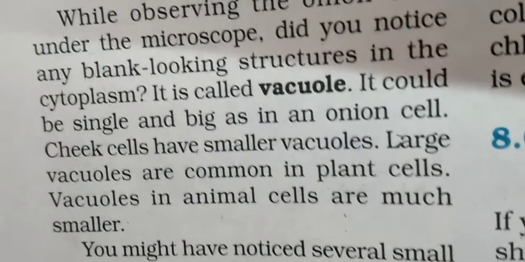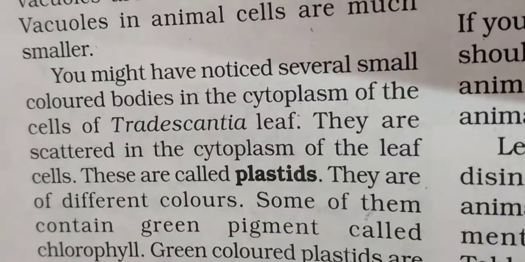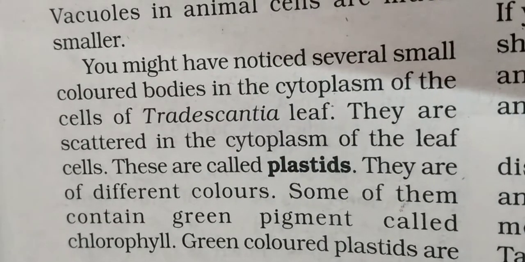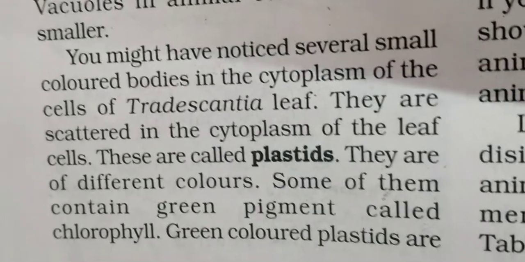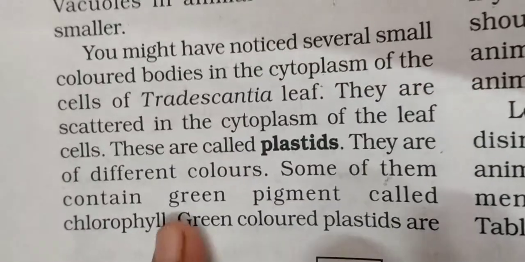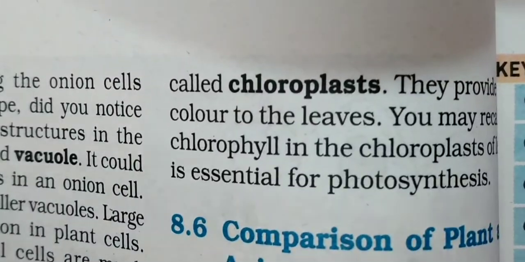And we talk about plastids, which are found in plant cells only because they contain green pigments called chlorophyll, and it helps especially the plants in photosynthesis.